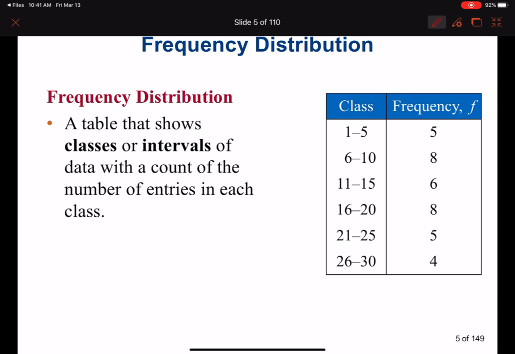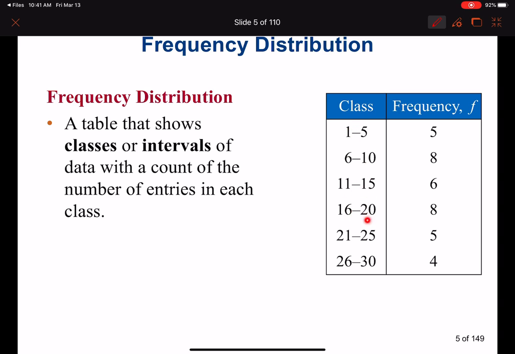Therefore, it makes sense to break down these ages into groups, correct? They will have similar characteristics, and then you can do research group by group, right?